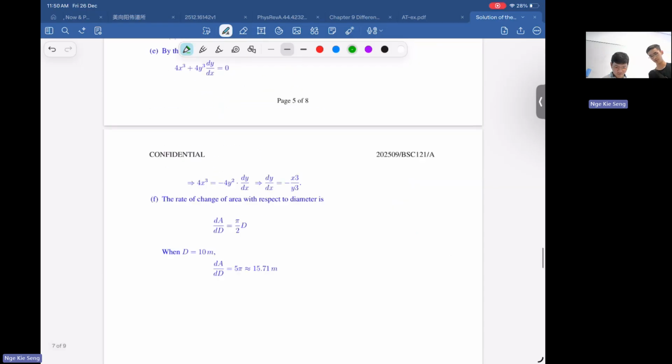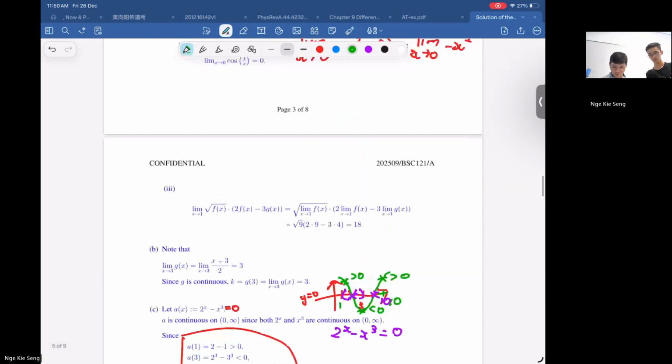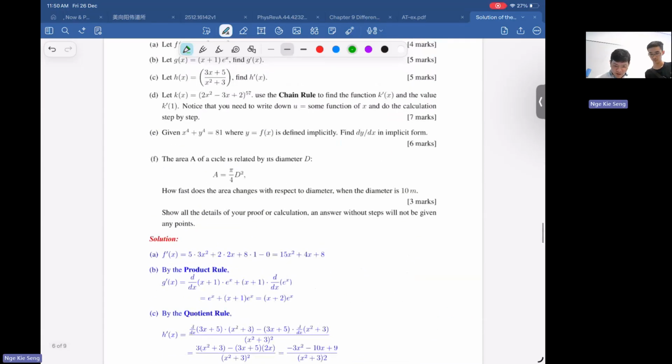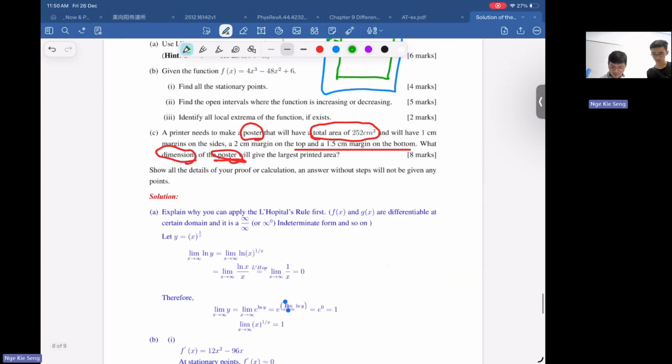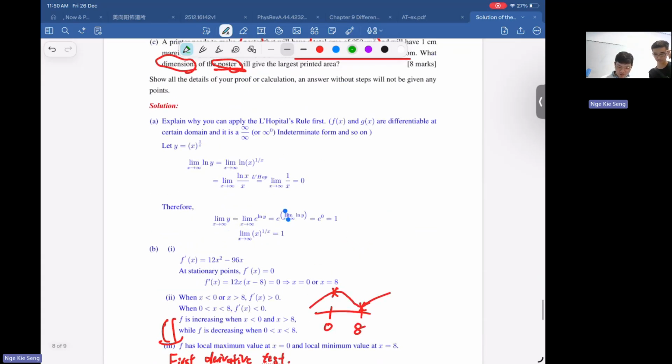I just want to ask about this one, the first part. Where are your other parts? I didn't have time to do this.